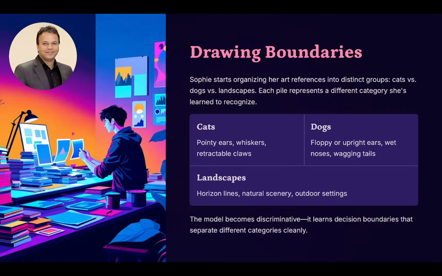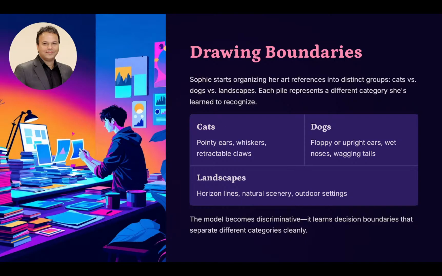For example, now she knows the cats have pointy ears, they have whiskers, they have claws, and based on that she is able to draw boundaries. Whenever she sees a picture of a dog, she'll put it on the right because it has wagging tails, wet noses, elongated faces. Whenever she sees landscapes, she's going to put them on another side, groups them.